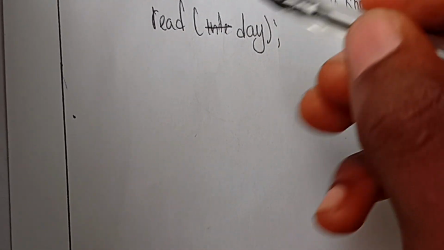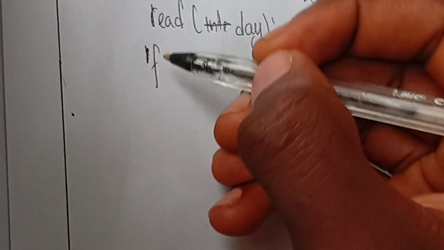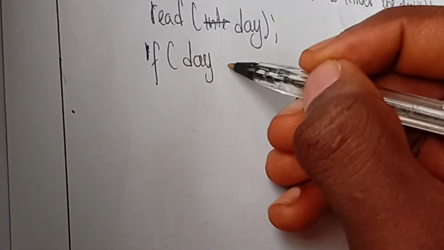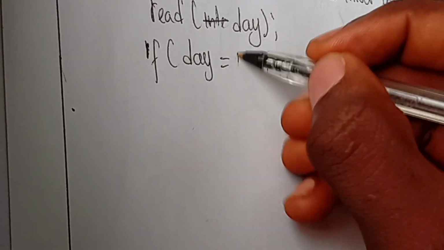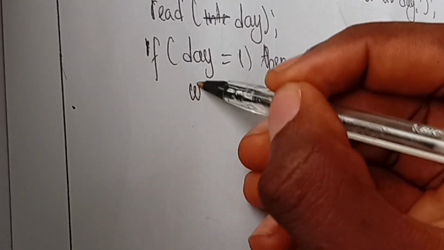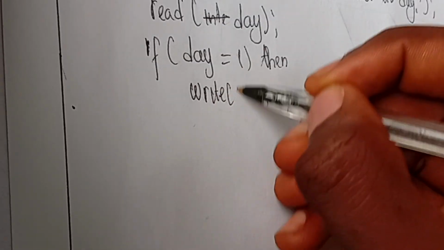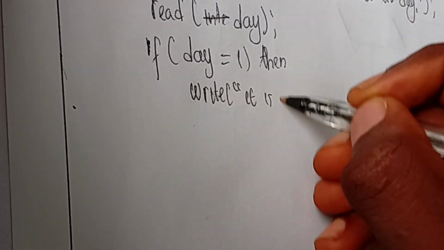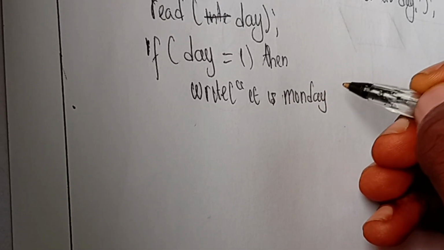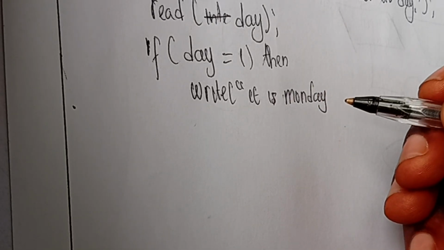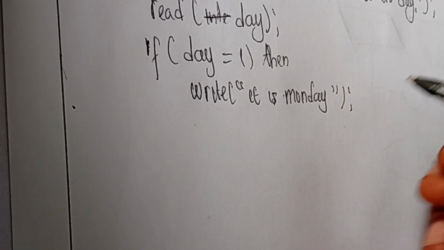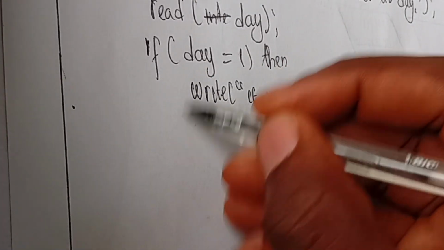The next thing we want to do is we want to check if day equals to 1, then we want to print a message, right? It is Monday, unless the first day of the week for you is Sunday, then you write it is Sunday, but for me it is Monday, so I'm just going to write it is Monday.